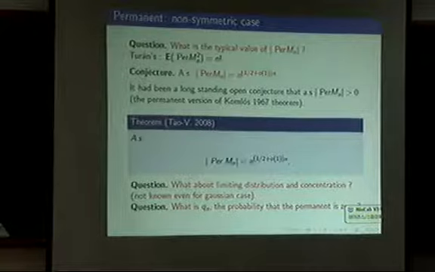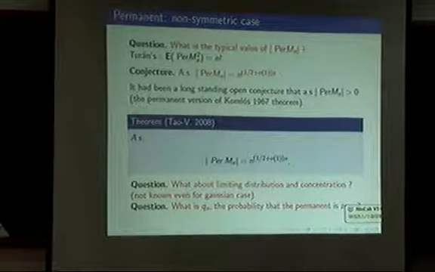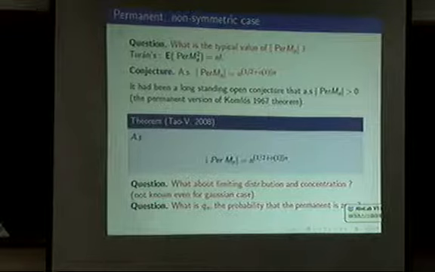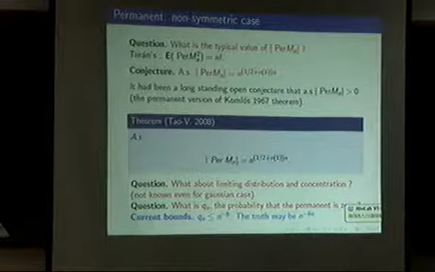Right? So for the determinant, we know that the conjecture is 1/2 to the n, and we can prove 1/2 to the n over 2. For the permanent, I know only a polynomial bound, something of this form n to the minus epsilon. Nothing exponential. So the current bound is this, as I said.